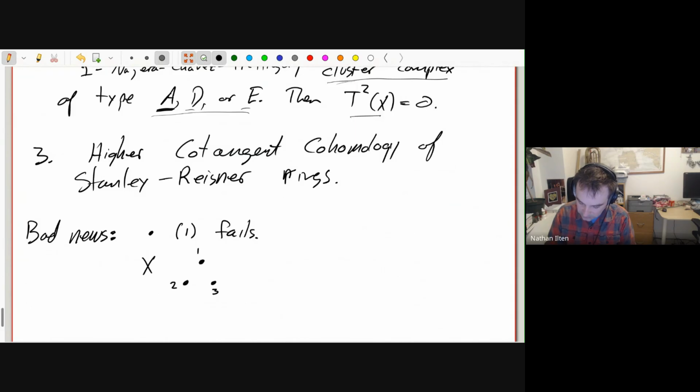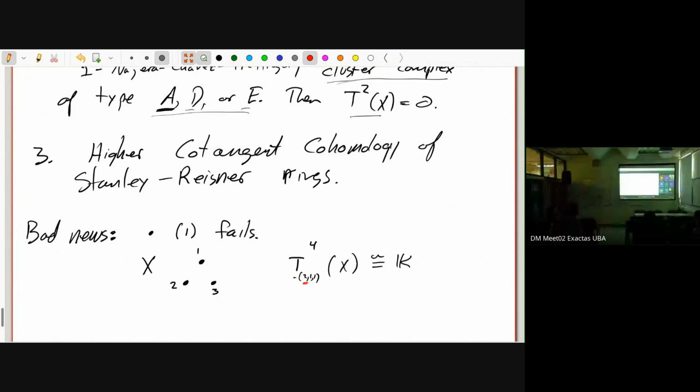This is my X. You can show that T4 of X in degree minus 2, 1, 1 is isomorphic to a copy of your field K. In particular, it's non-zero. And you'll notice that I have a 2 appearing in the negative part of the weight. And so statement 1 simply is not true.